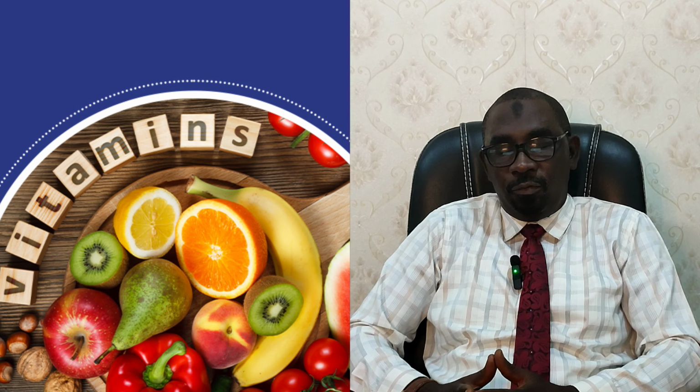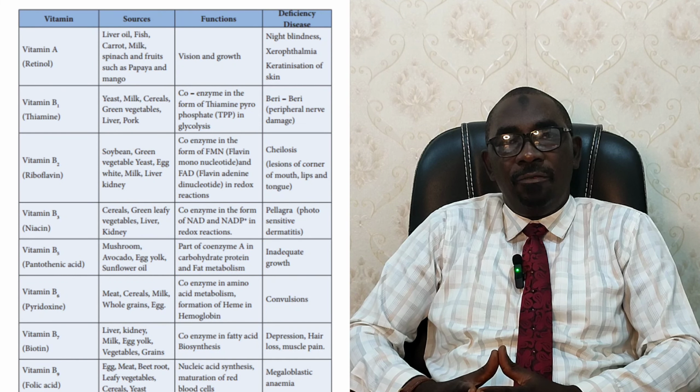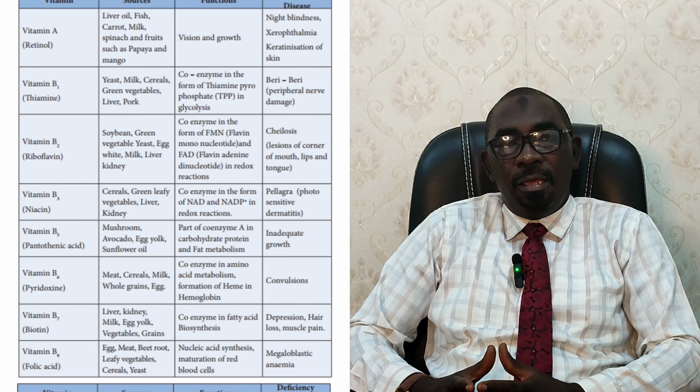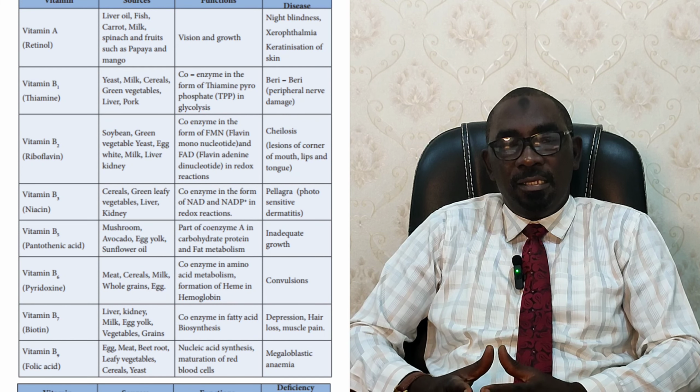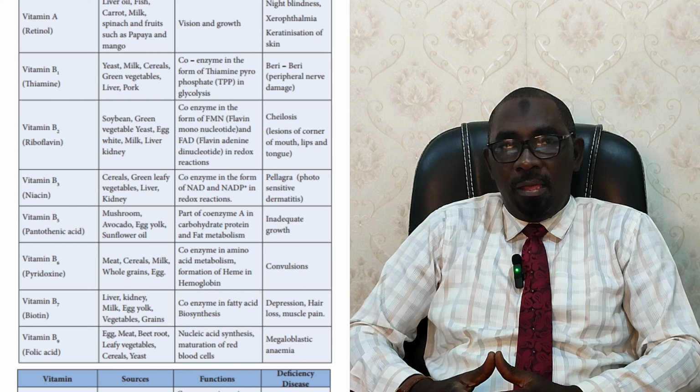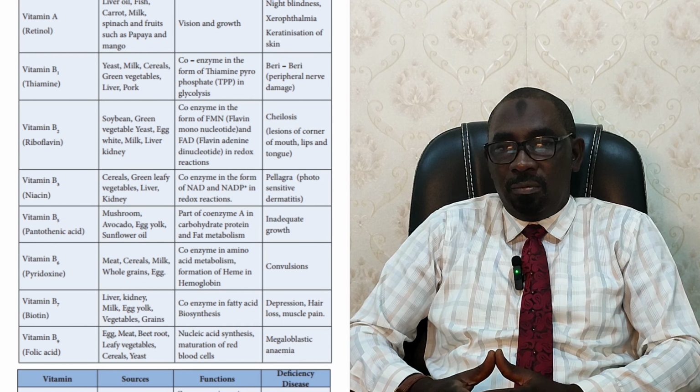Before we delve deeper into the discussion, I would like to tell us that we have two different classes of vitamins: the fat-soluble vitamins and the water-soluble vitamins. The fat-soluble vitamins are stored in the system in the fatty tissues, and that's why they are called fat-soluble.